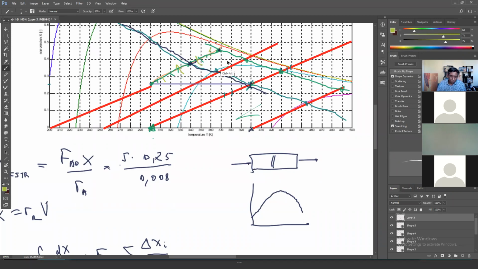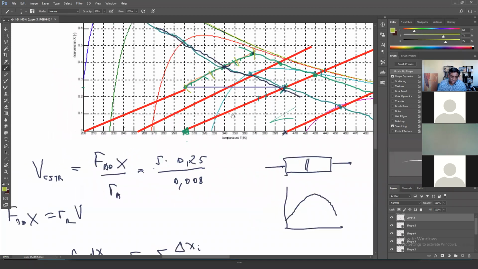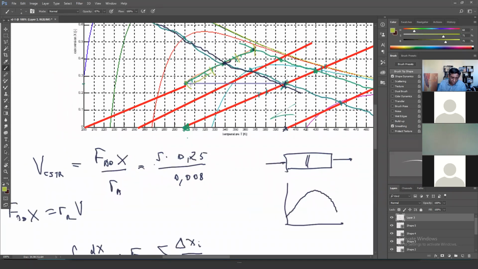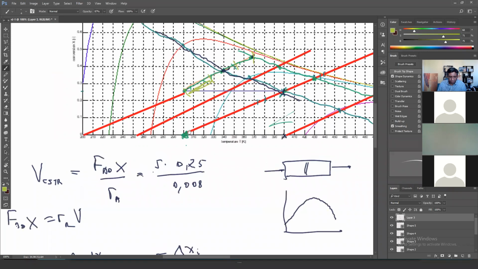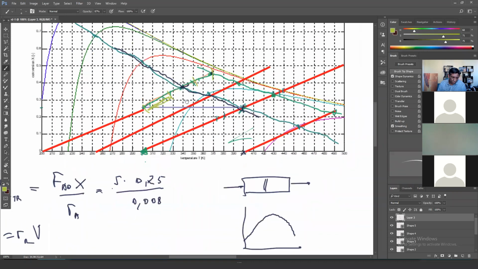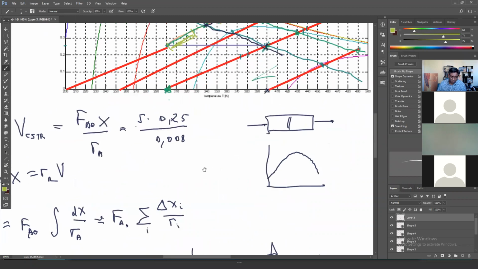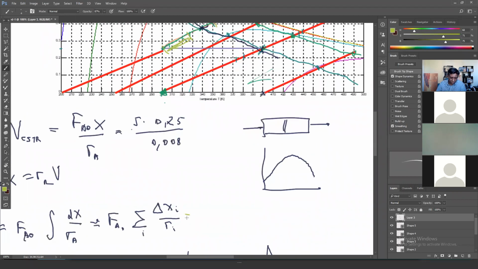Between here and here and here and here, right? So let's take this panel to begin with. In this region, number one, we have to estimate the rate. So here we're going to say this equals F_A0, which is 5.